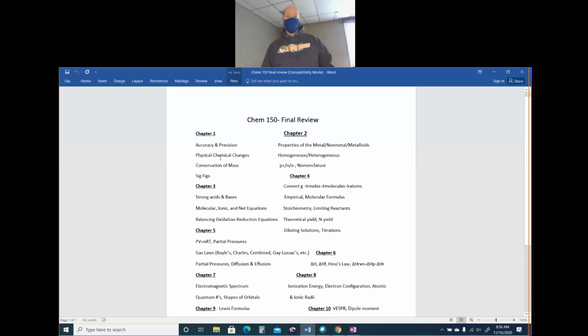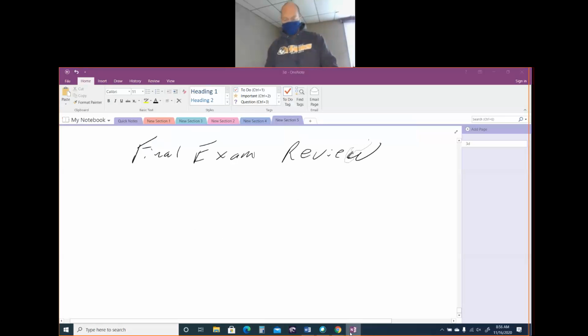Conservation of mass. So that was the lab that we did. It's very strange that when you burn something, all right, and so this is what we did in lab.